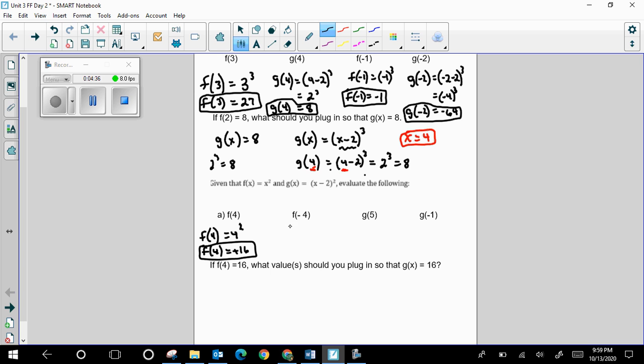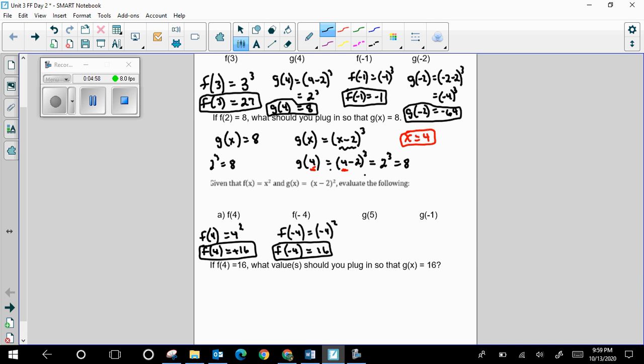Okay, so now we're going to do f of negative 4. So f of negative 4, parentheses around negative 4, squared. F of negative 4 is also equal to 16, because any number squared is always going to be positive.